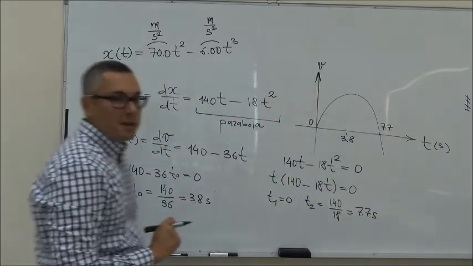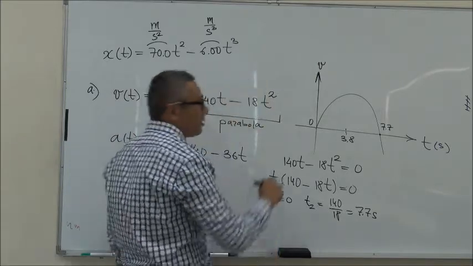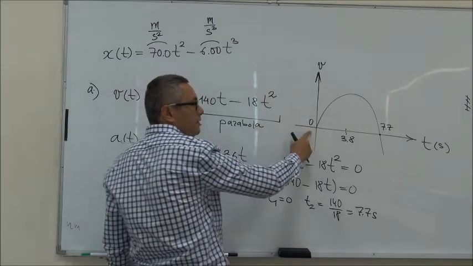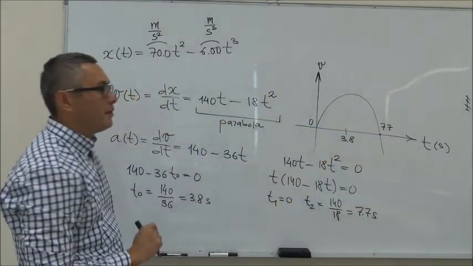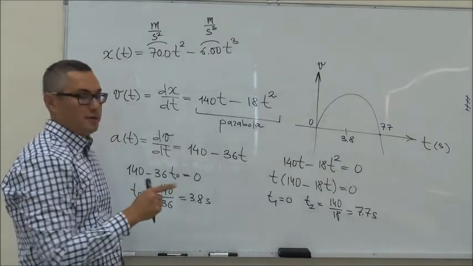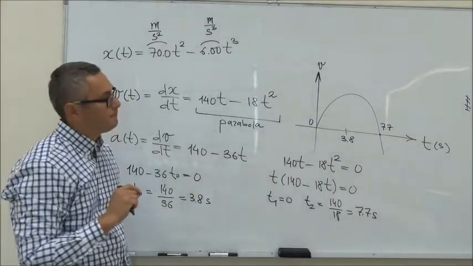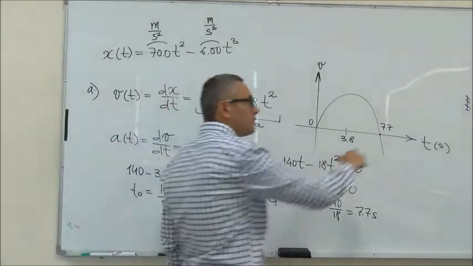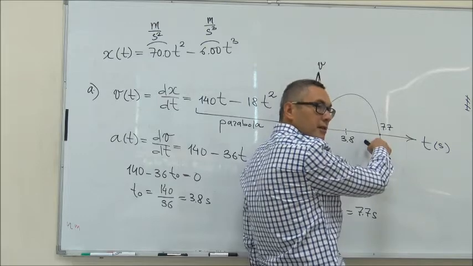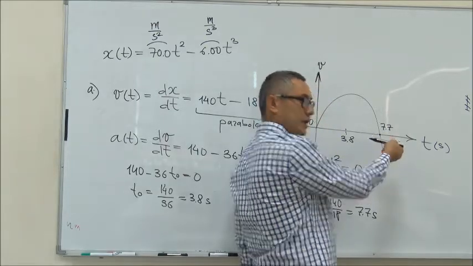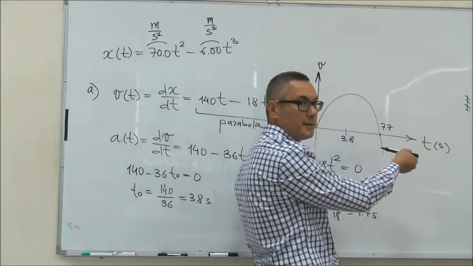So now we are ready to draw some conclusions regarding x. As you can see, for the first 7.7 seconds, the velocity of the particle is positive. In other words, it's moving in the positive x direction. After 7.7 seconds, it still moves, but now the velocity has changed its direction to opposite, and the particle is moving backwards.